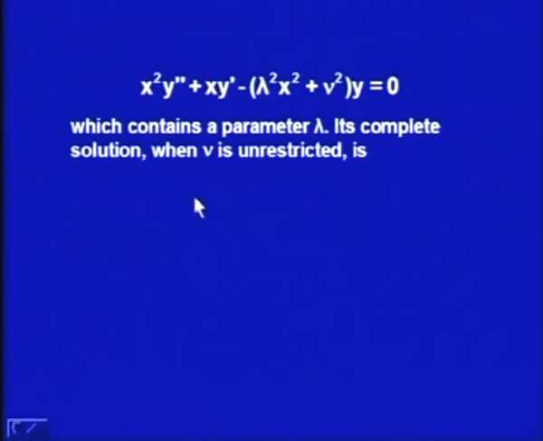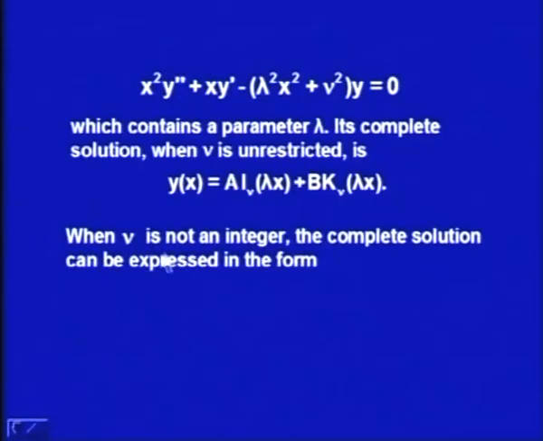Its complete solution is therefore y(x) equal to a times I nu (lambda x) plus b times K nu (lambda x), where nu can take integer or non-integral value. So, there is no restriction on nu.